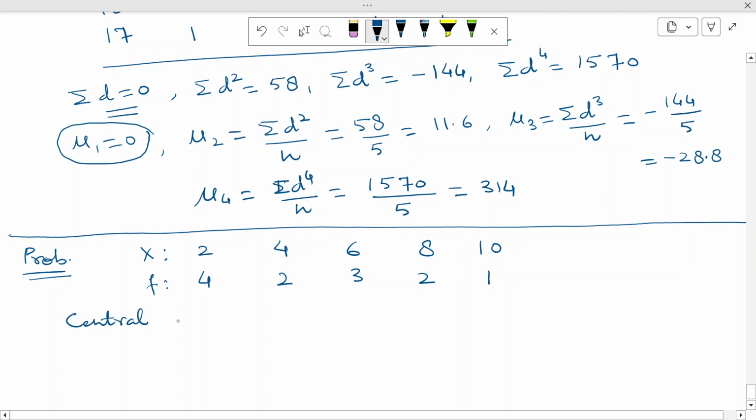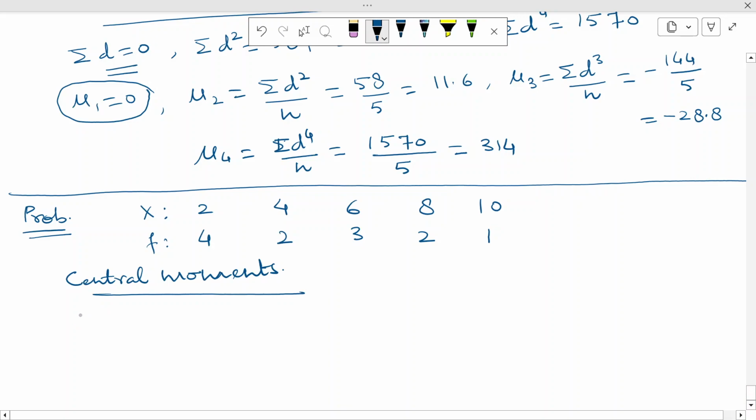Sometimes it is given in the question that you have to calculate the central moment, or the moments about some number. If it is given in the question, then we directly opt for those moments. Otherwise we have our own choice. After this example we will discuss the use of non-central moments, and if the information is provided by the central moment, then what is the role of the non-central moment. So first we will discuss this problem here.